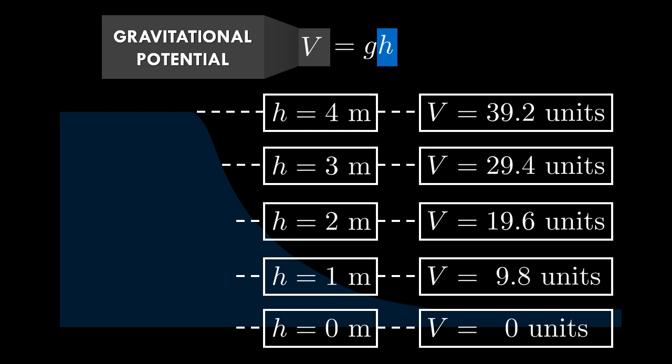By the way, like before, the potential at the reference height will be 0 units since the height h is 0 meters. And like before, any height below 0 meters will be negative and have a negative potential. This gives us a new way to look at the problem.